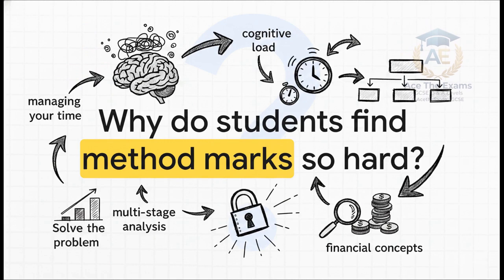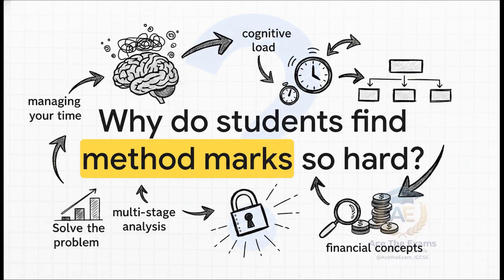Let me break down the anatomy of the command words, because this is where the exam is won or lost. Examiners look at command words very differently than students do. If a question asks you to analyze, it is demanding that you break down the financial data into its component parts. It wants the how and the why. But if it says evaluate, you must go a massive step further. Evaluation requires judgment.